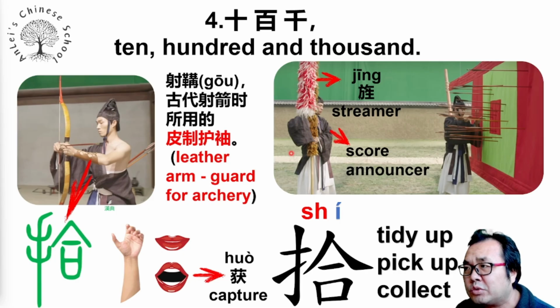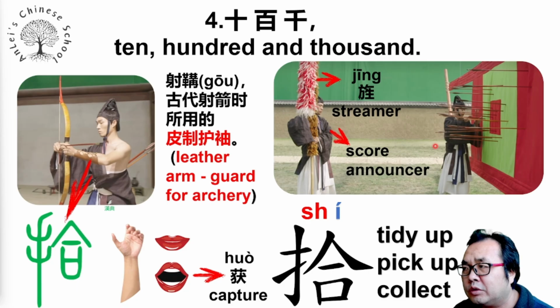When you finish shooting, the announcer would wave a jing, a streamer, a flag with colored bird feathers as pole decorations, and he would report, yelling, 获! That means a capture. So the mouth on the bottom is the announcer, opening his mouth and yelling.